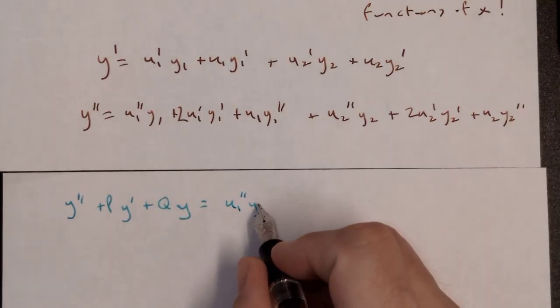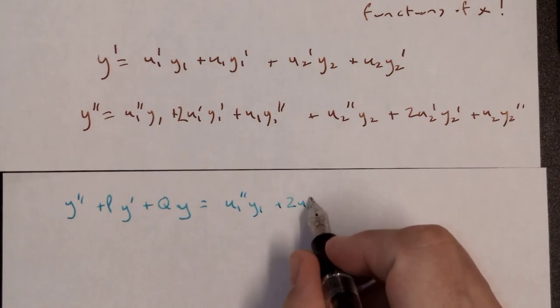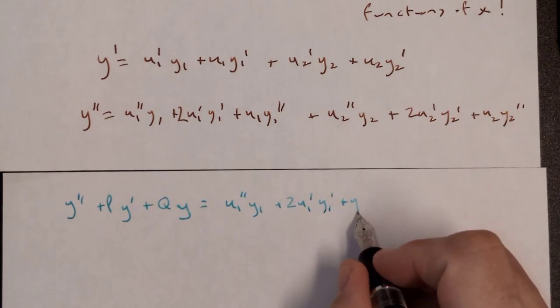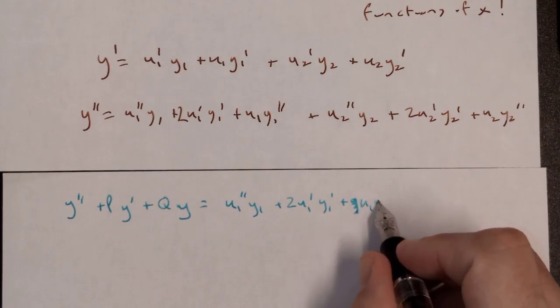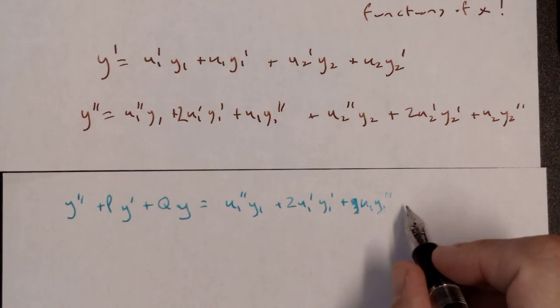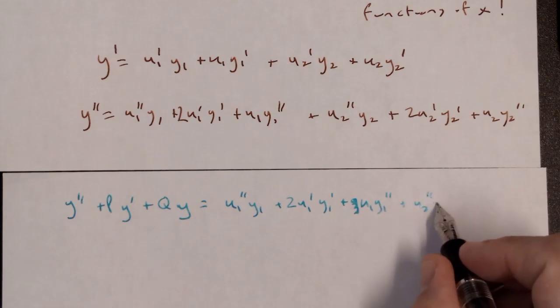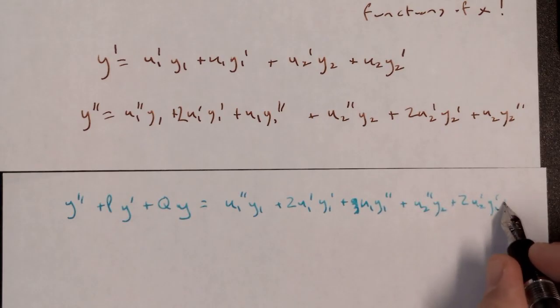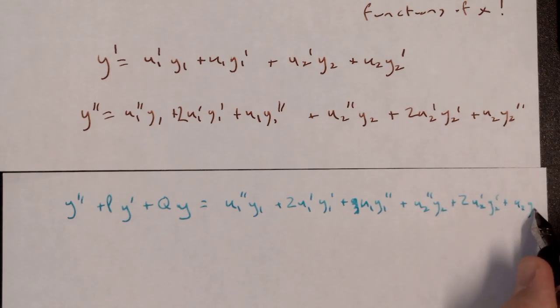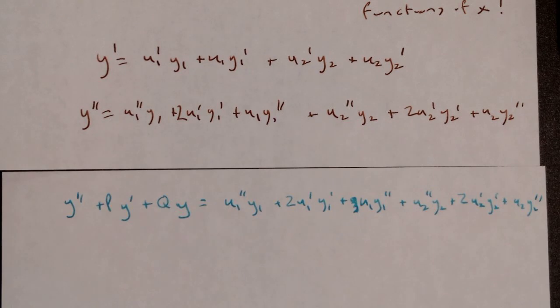u1 double prime y1 plus 2u1 prime y1 prime plus u1 y1 double prime, plus u2 double prime y2 plus 2u2 prime y2 prime plus u2 y2 double prime. Good Lord. Plus, all right, wait a minute.